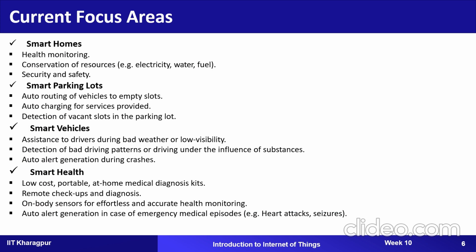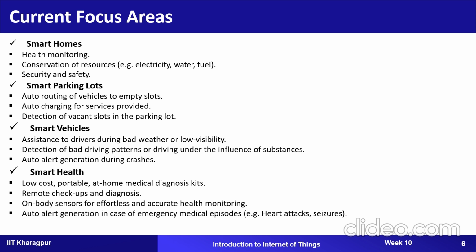This leads to the conservation of resources, because sometimes if a person forgets to turn off the light, it can result in wastage of energy, right? If you are using smart appliances, it will prevent this wastage of energy. Further, security and safety will be more.